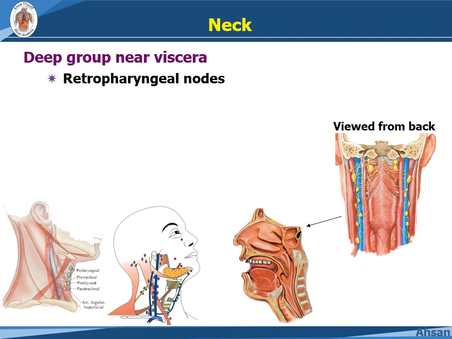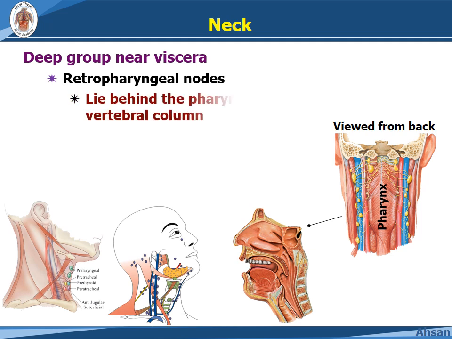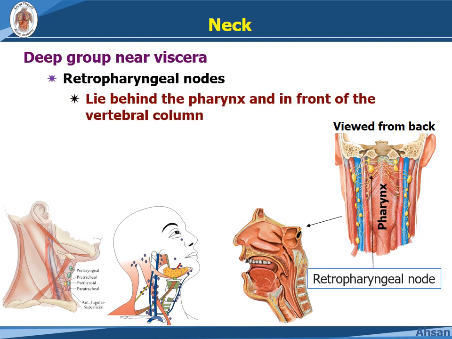Near the viscera, the deep group of lymph nodes are observed. This figure on the right side is showing the pharynx from the back, and the median section is visible on the second figure. So retropharyngeal lymph nodes lie behind the pharynx and in front of the vertebral column.